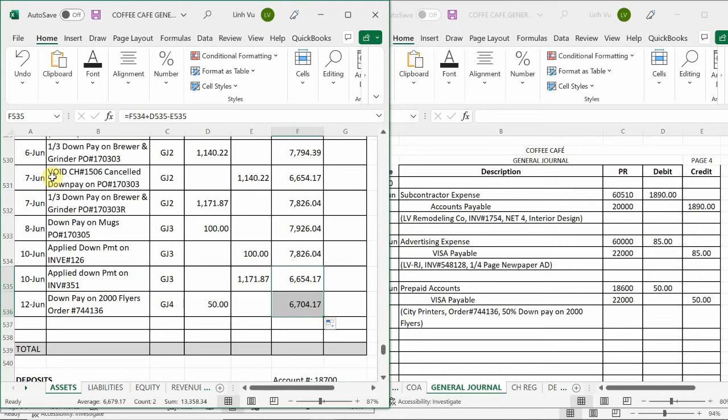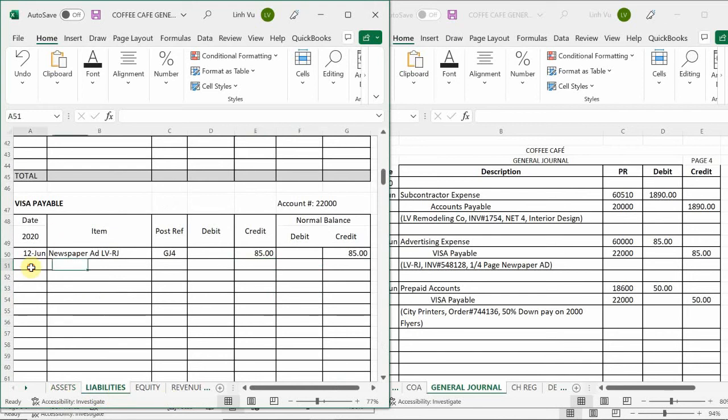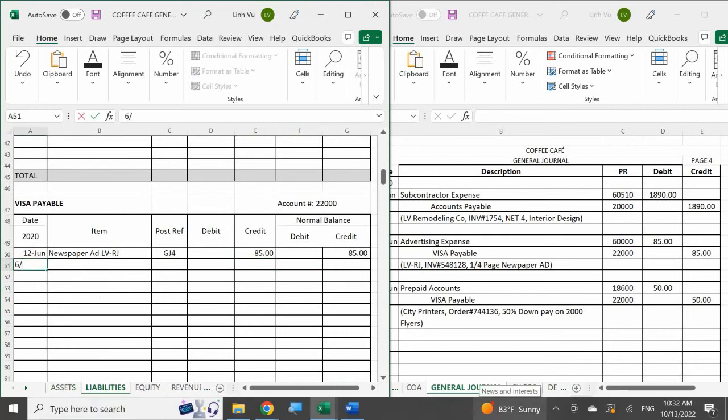We need to update my credit card balance, because now I charged an additional $50 onto my credit card. I'm going to put in here down payment for flyers. Where at? You could write here City Printers. Journal page 4.